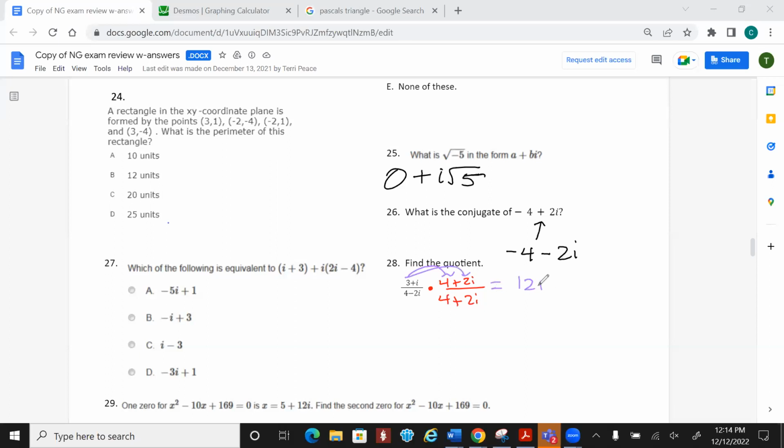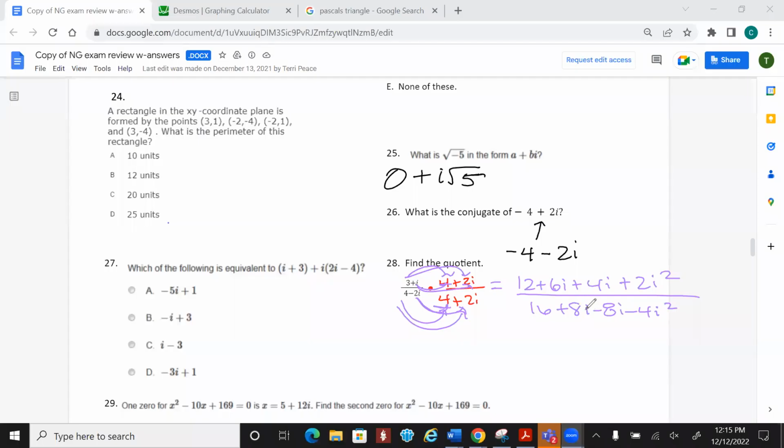So 12 plus 6i plus 4i plus 2i squared. Over on the bottom, we're going to get 16 plus 8i minus 8i minus 4i squared.